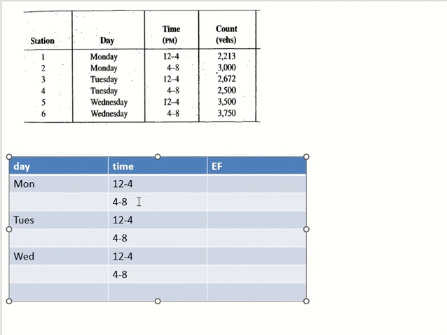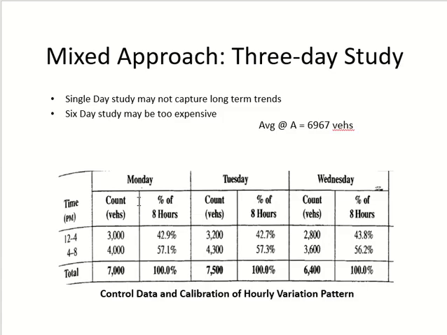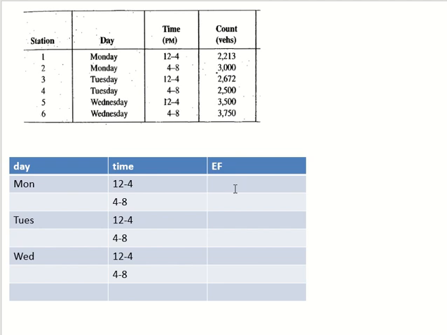Okay, so Monday 12 to 4. Look here. This is Monday and this is 12 to 4. Okay. What is the factor here? What is the percentage here? 42.9%. The factor is written in decimals. So 42.9 becomes point what?